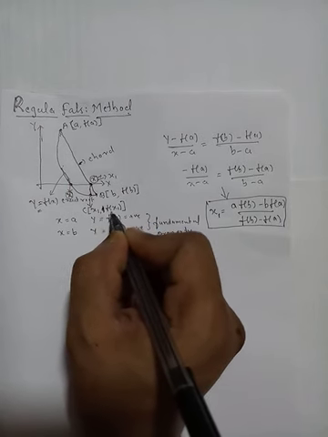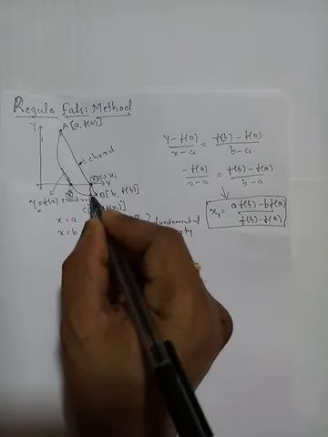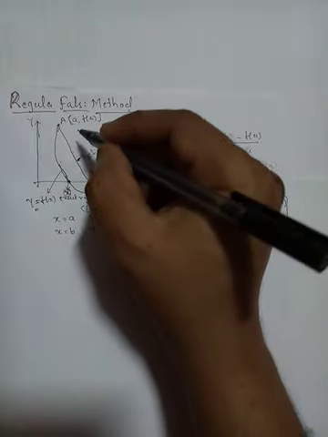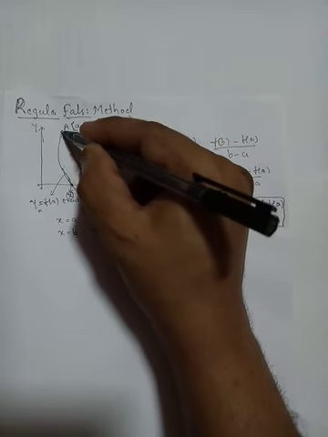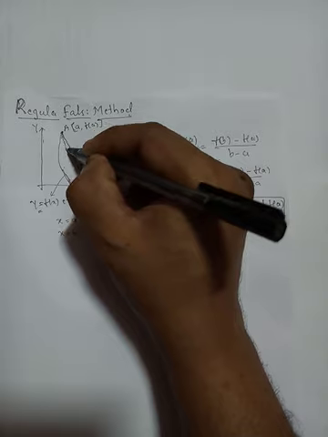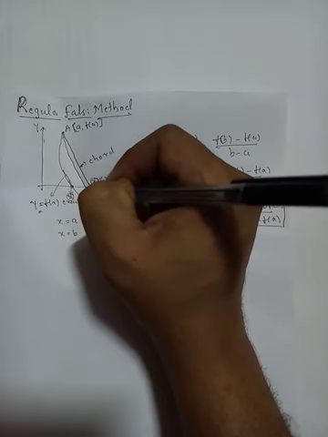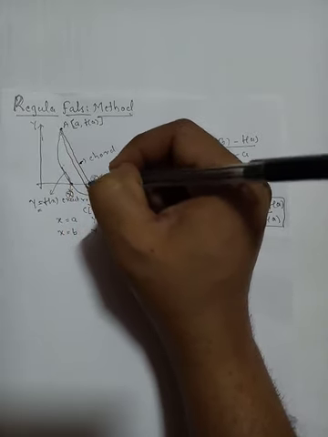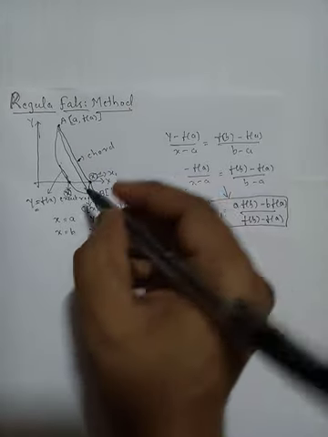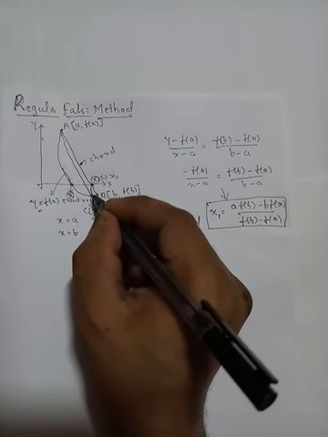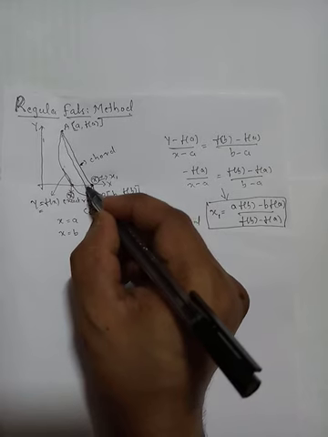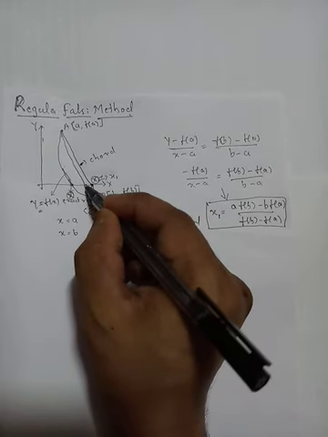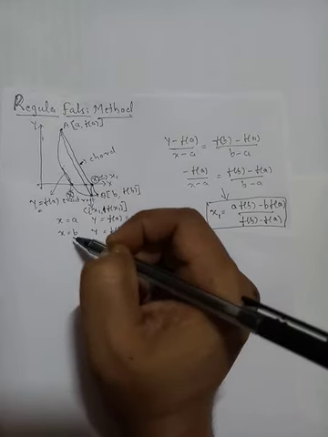The point is x1 and f of x1, right? Now again I join the points a and c. So here I have drawn one more chord joining the points a and c. Okay, and this chord intersects the x-axis here, right?